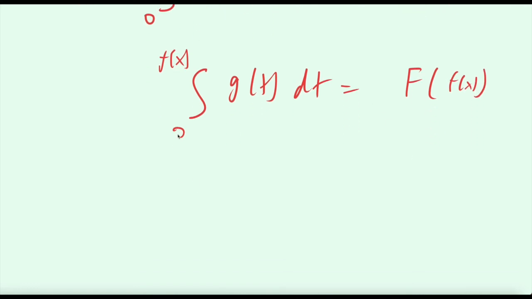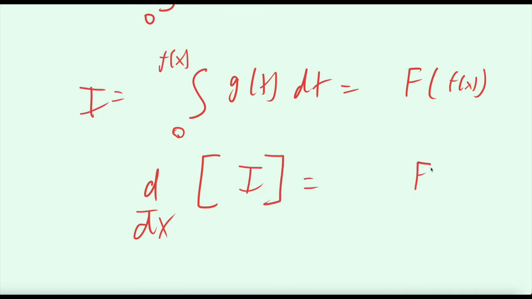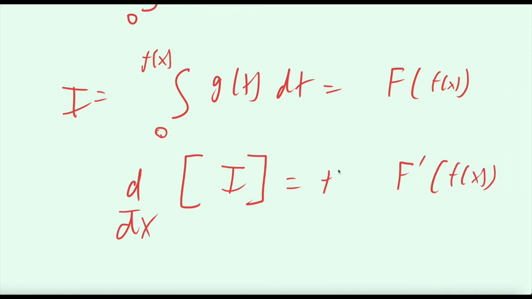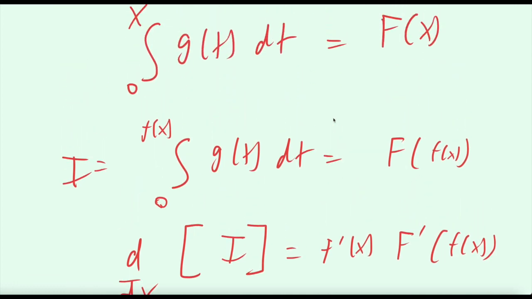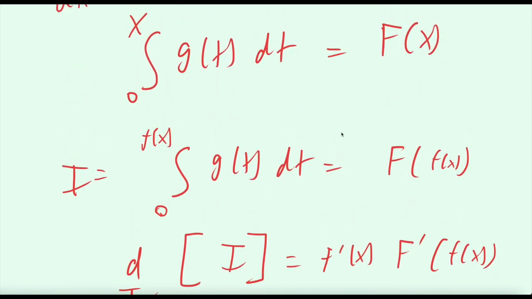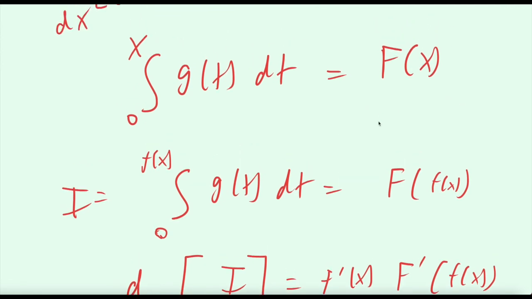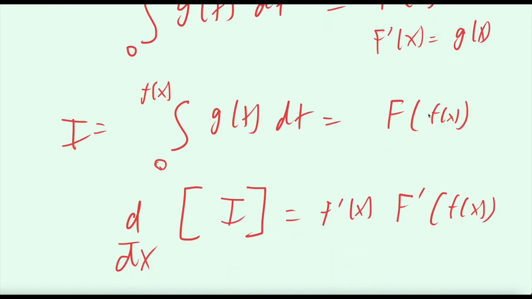And now you can directly differentiate it. So you get d by dx of, I'll call this I, of I is equal to f prime of f of x into f prime of x. This is the chain rule, like we all know. And now we know that f prime of x is basically g of x, right?